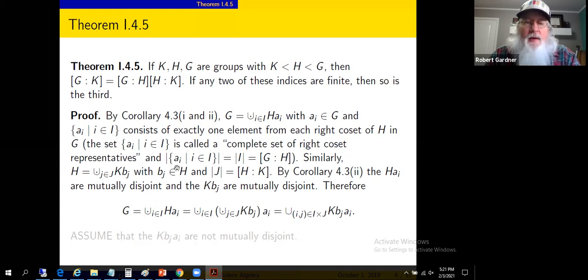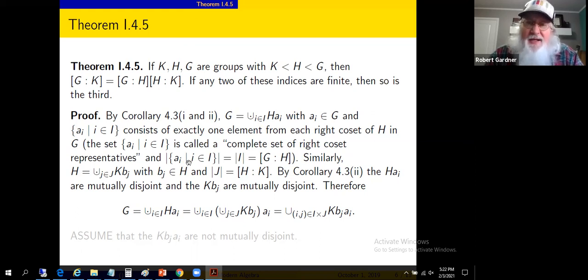All right, how many representatives did you choose? Well, one for every coset of H in G. What's the cardinal number of the cosets of H in G? That's what these symbols, that index, denote. So the cardinal number of the a sub i's equals the value of the index. Excuse me briefly on some rigor.